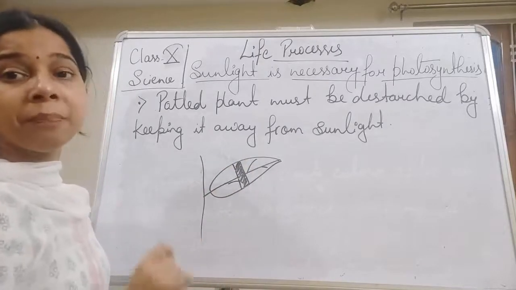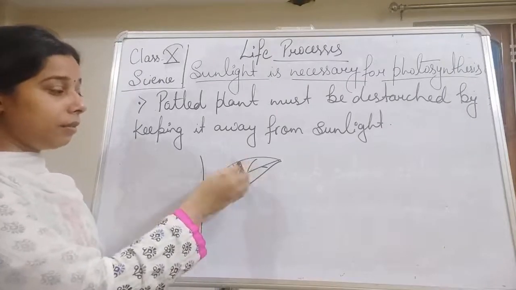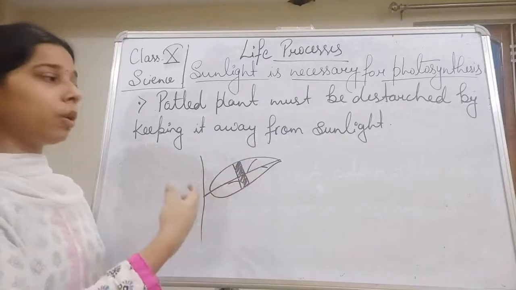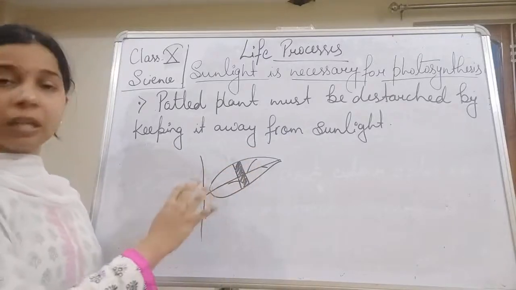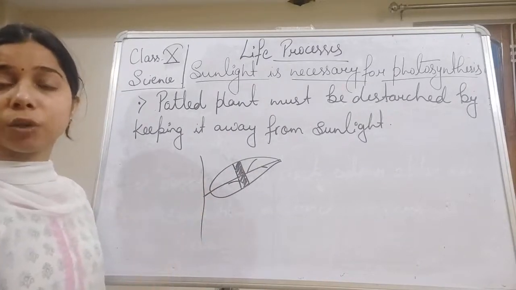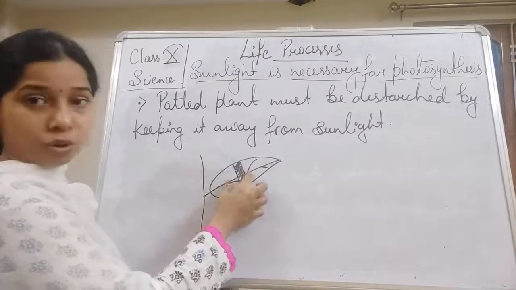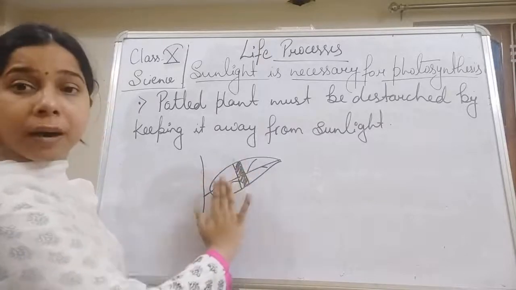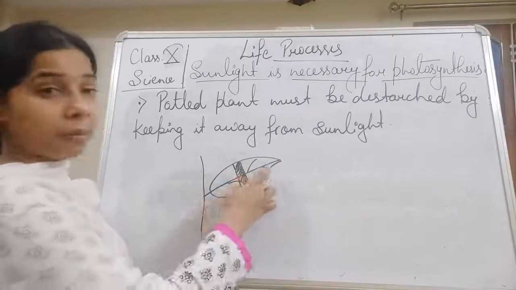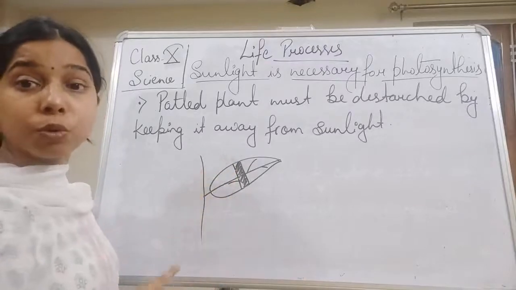With the help of a clip or tape, we cover it in such a way that no sunlight will reach this middle portion of the leaf. The rest of the part is still exposed to sunlight. When you keep it outside, it will remain exposed to sunlight, but this middle portion should not be exposed.